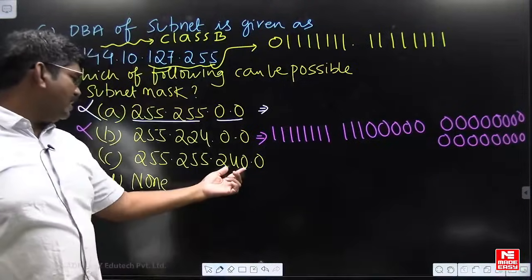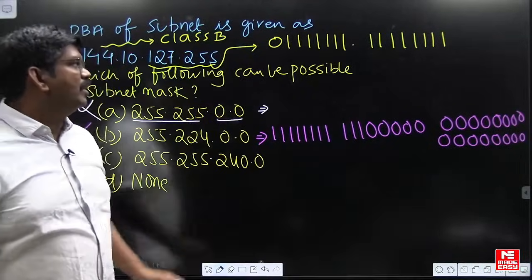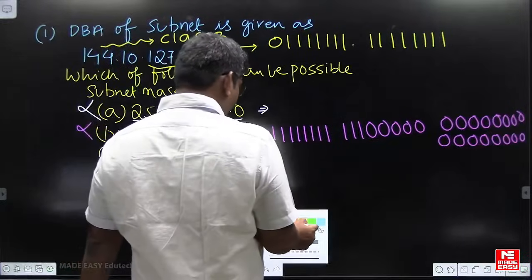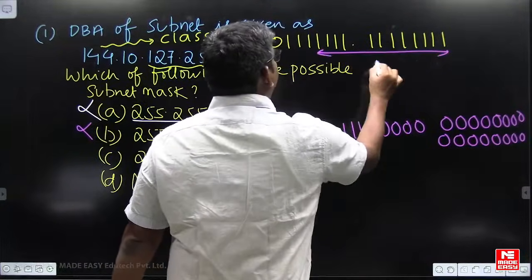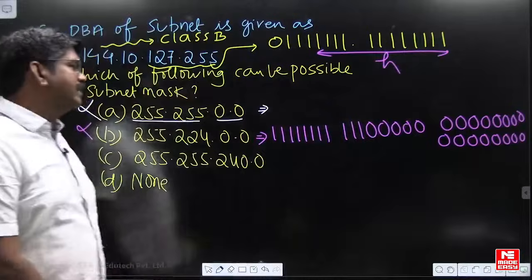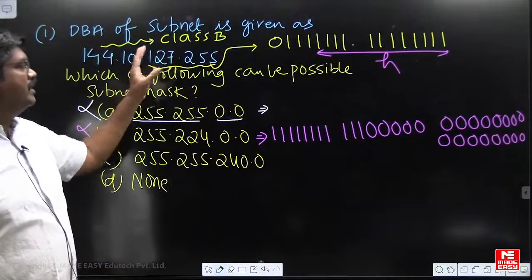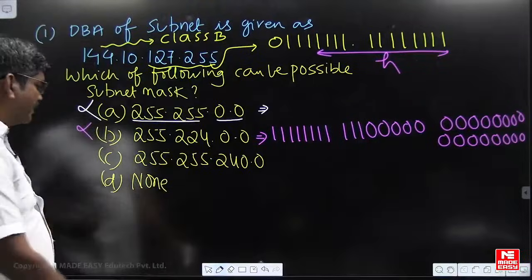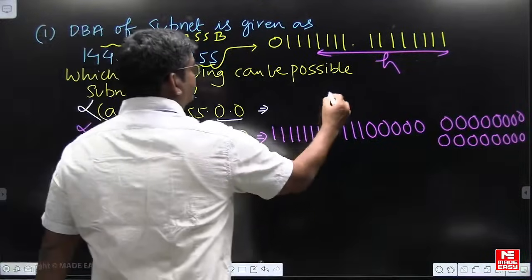So you can see for 240.0, 4 + 8, totally 12 ones were compulsory. So here you can see we had 12 ones actually. So these are the host bits. From this we can say for option C, the mask value is going to become a DBA. So now you can say the answer is C.